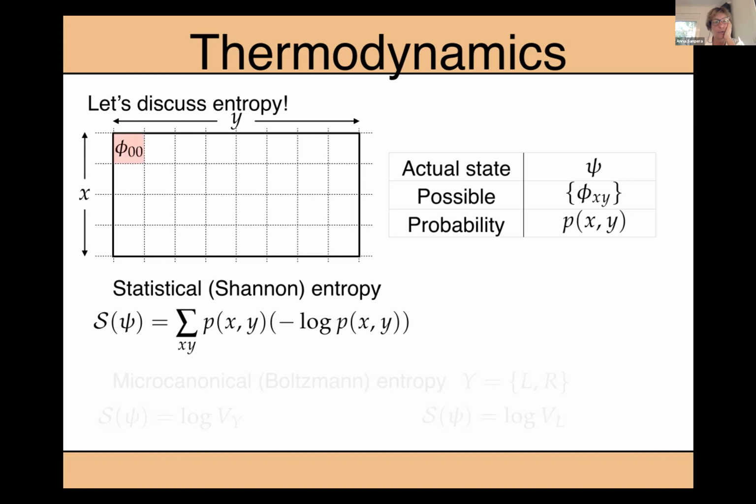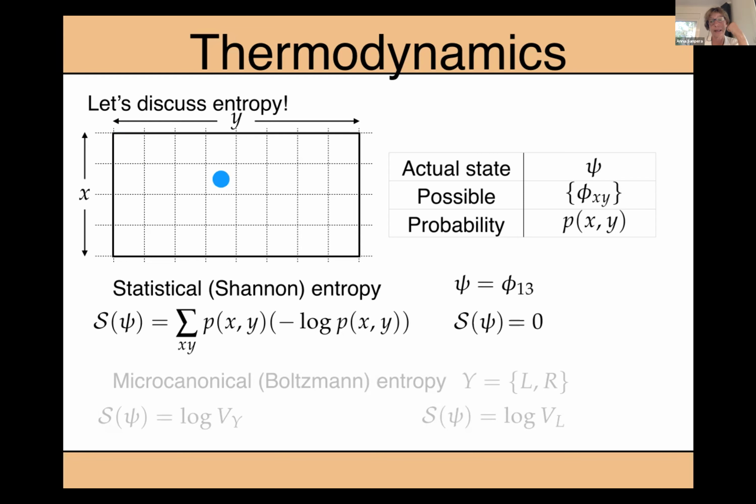Okay? So if we do it like that, we associate some probability P00 that the state is in cell 00, or P13 that the state is in cell 13, for instance. In this case, we will talk about the von Neumann entropy. Now we can talk about this Shannon entropy, which is the sum of the probability times minus log of p.